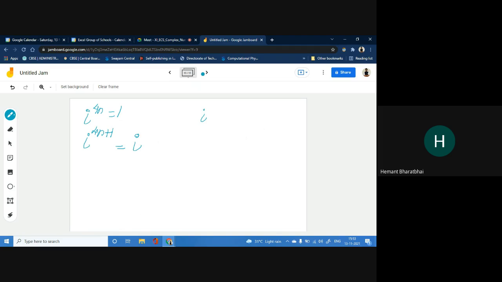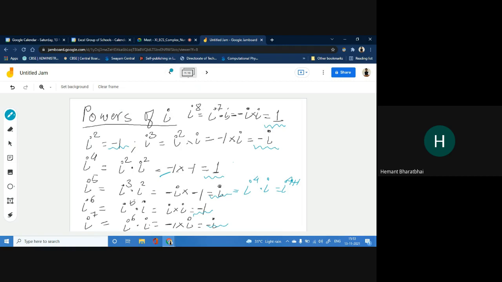Similarly, if I write i raised to 4n plus 2, let's see over here. You see i raised to 6. This i raised to 6 can also be written as i raised to 4 into i raised to 2, which can further be written as i raised to 4 plus 2.